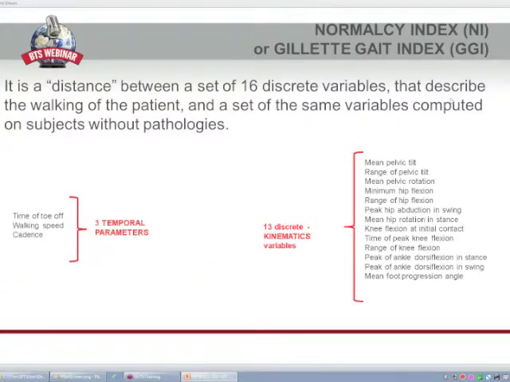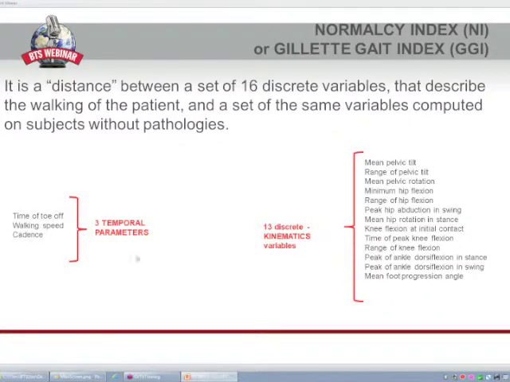The Normalcy Index, or GGI, developed in the 2000s, is derived from 16 discrete gait variables, which describe the way of walking of the patient, and measures the distance between the patient's gait data and that of a control population with no pathology.